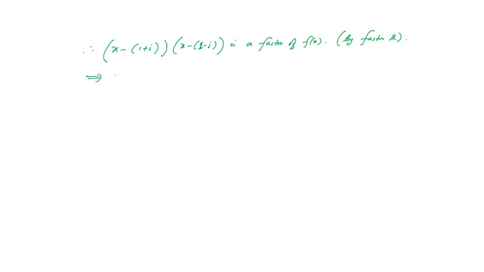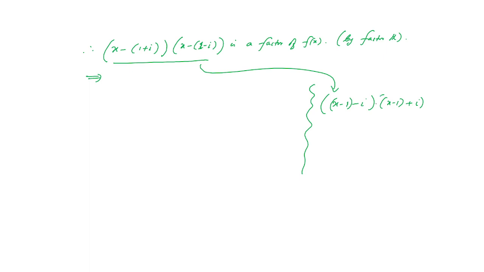So now we can write, this will be a simple calculation: x minus 1 minus I, multiplied by x minus 1 plus I. Just think of it as A minus B into A plus B, which is A square minus B square.